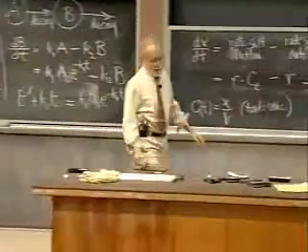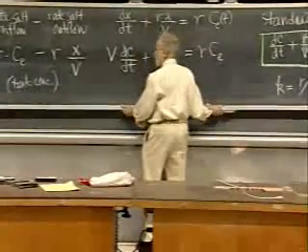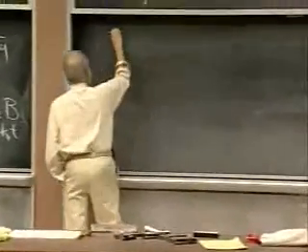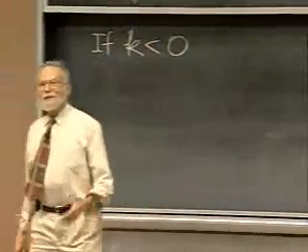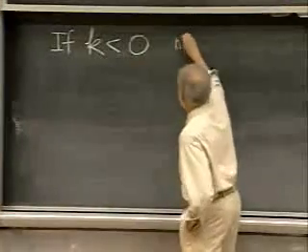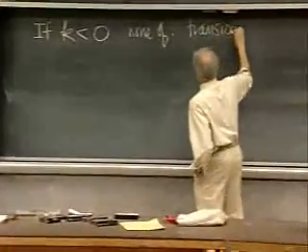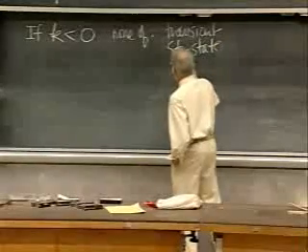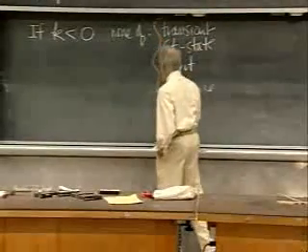Now, in the last 2 minutes, I wish to alienate half the class by pointing out that if K is less than 0, none of the terminology of transients, steady state, input, response applies.